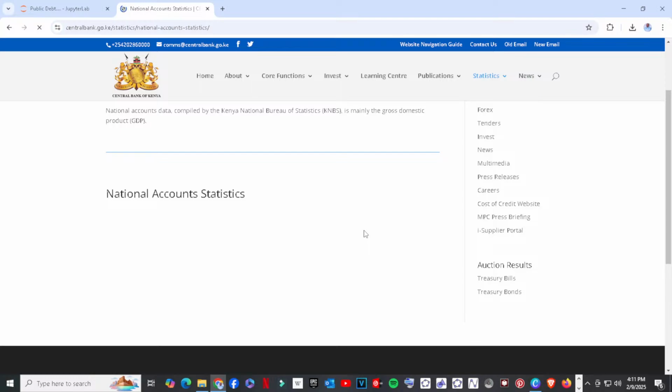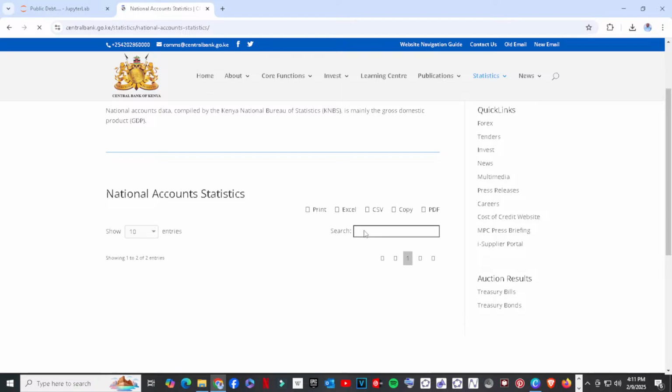Let's see the contents. After all, that's where we are. National accounts statistics. Loading.